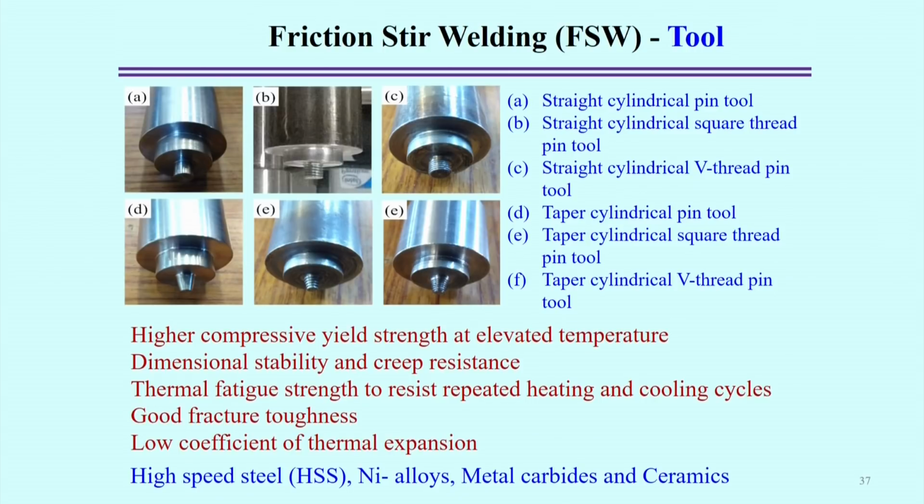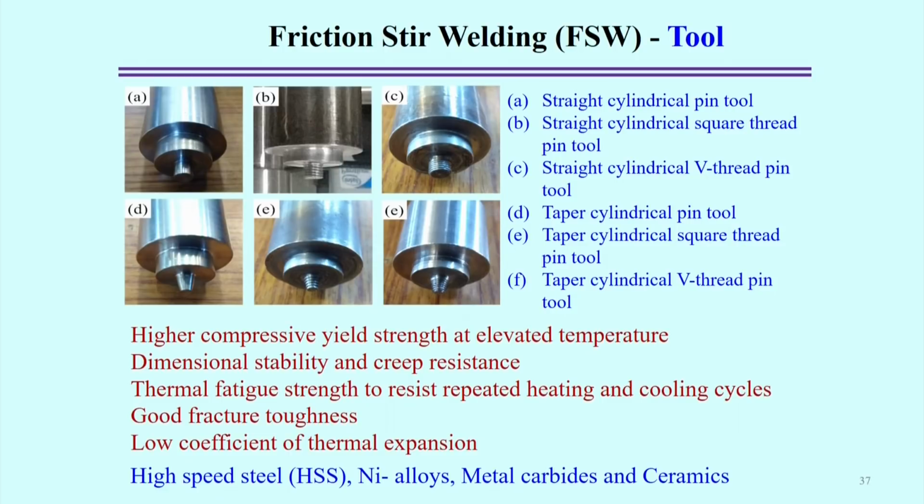If you put different kinds of threads on the tool pin, that directly influences the material flow pattern during the FSW process. The fourth one is the tapered cylindrical tool pin without any thread, and the other tool profiles are the tapered cylindrical square threaded tool pin and the tapered cylindrical V threaded pin tool.